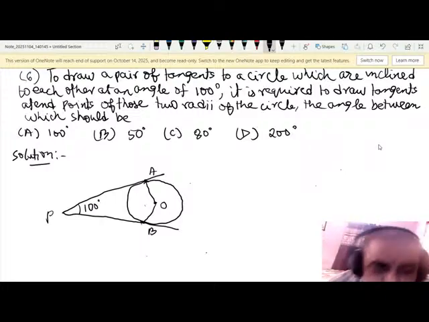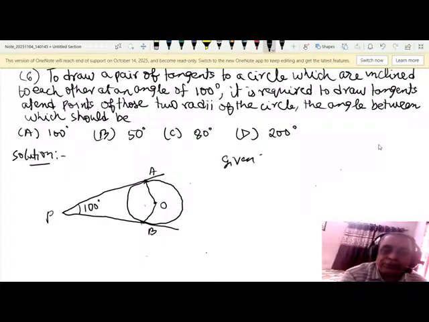It is told to us the tangents are inclined to one another at 100 degree. So in the question it is given to us angle APB value is 100 degree.